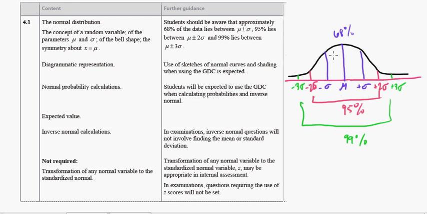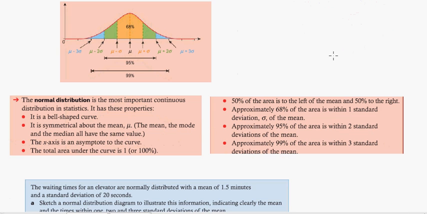Now, I drew that nice thing, but here it's even nicer. And it says the normal distribution is the most important continuous distribution in statistics. It's a bell-shaped curve, symmetrical around the mean. So you have the mean in the middle, and then plus one standard deviation, minus one standard deviation, etc. The x-axis is an asymptote, so these lines technically never touch zero.